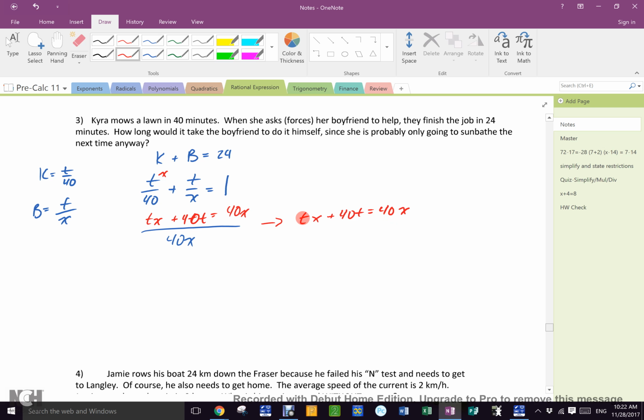Plug it in. What's 24x plus 40 times 24 equals what? 40x. So 24x plus, what's 40 times 24? 960 equals 40x. What will I do? What does 960 equal?